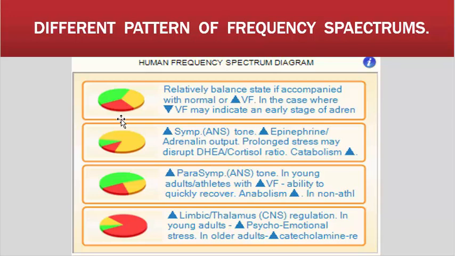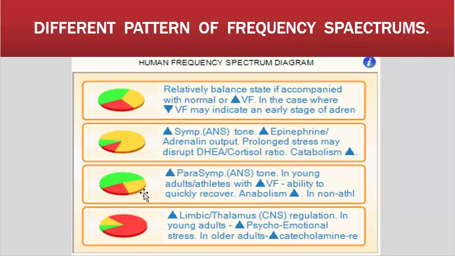With a different condition, for example in this one, we see a lot of high low frequencies, which correlates with a high sympathetic dominance. And in this one, we see a lot of high frequency predominance, so usually this is a parasympathetic predominance. In a younger adult or athletes, accompanied by a high vital force and low stress index, it shows the ability to recover quickly and an increasing anabolism stage.